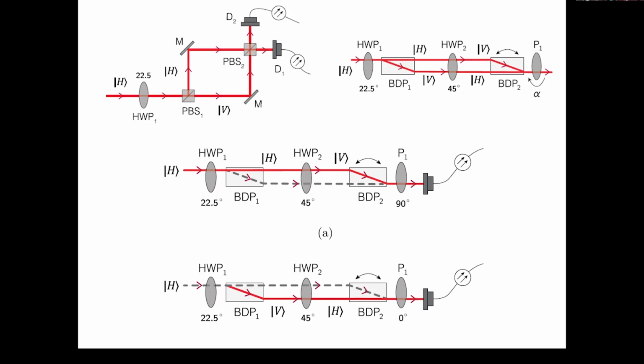Now, a photon comes in at a certain polarization, and the horizontal and vertical beams are separated. Remember, we have a single photon coming in. So that single photon has two paths, and then those two paths are recombined in the second beam displacing prism. So this circuit, which we implement on an optical table, is exactly equivalent to this.